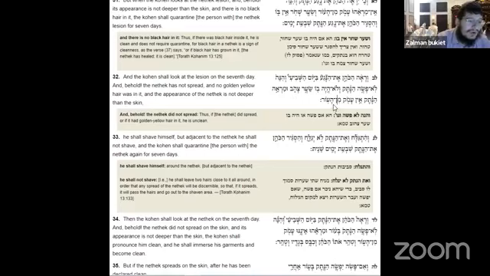In the scenario where the netek did not spread, remember these are all different types of possible tzaras. The netek did not spread, and there's no golden yellow hair, and it's not deeper than the skin. Then what do you do? V'hitgalach, you shave all around adjacent to the netek.